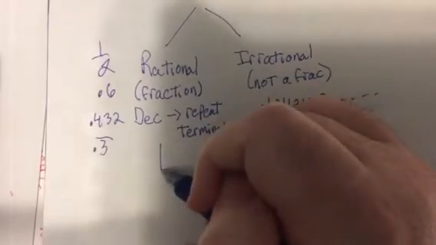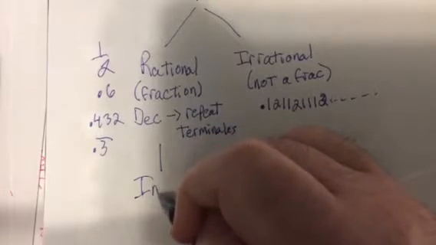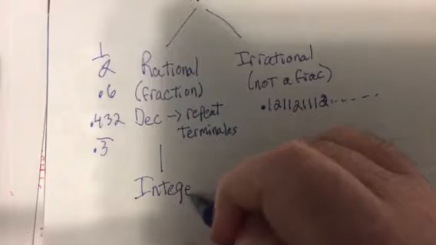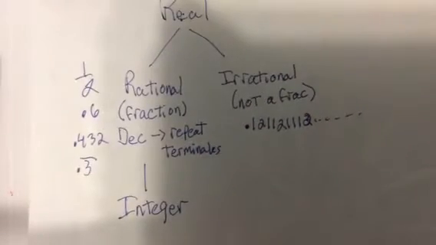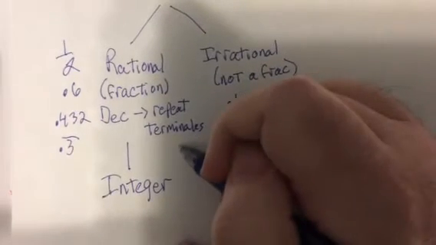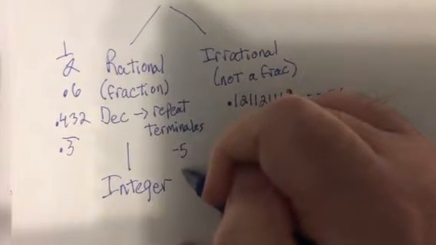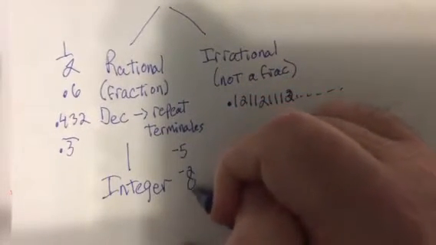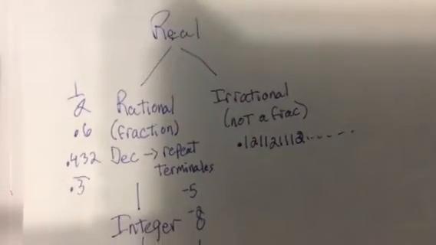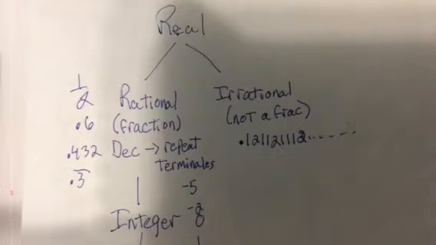Then a rational number has a subset. It's called integer. And that's numbers that are written over 1 when simplified. So that would be -5, -2, 0, 1. Now integers are broken up too, but really that's the 4 we normally use until we get to imaginary, then it expands.